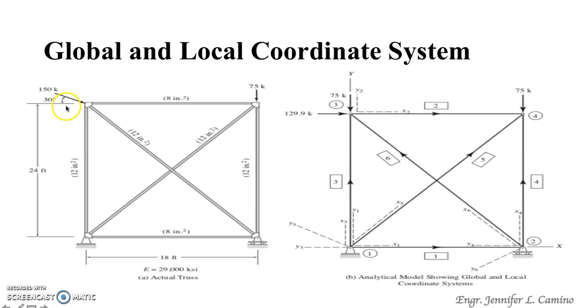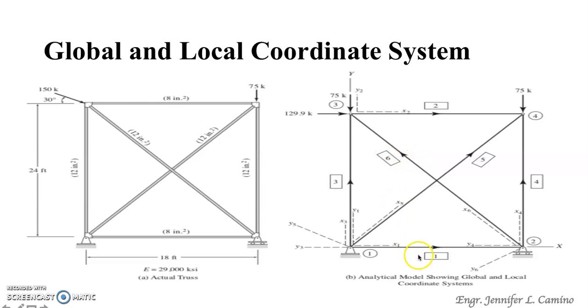It makes 30 degrees with the horizontal, and of course you have a vertical downward force which is 75 kips. So let us identify our global coordinate system. If we're going to identify now the global coordinate system, let us try to identify how many members we have on our plane truss. So we have 1, 2, 3, 4, 5, and 6.